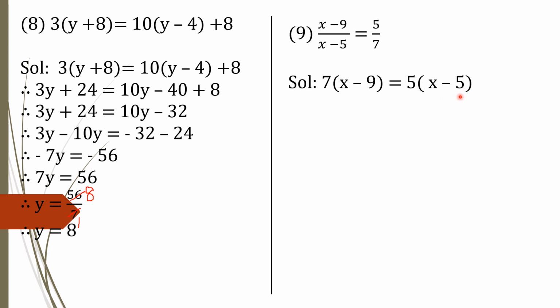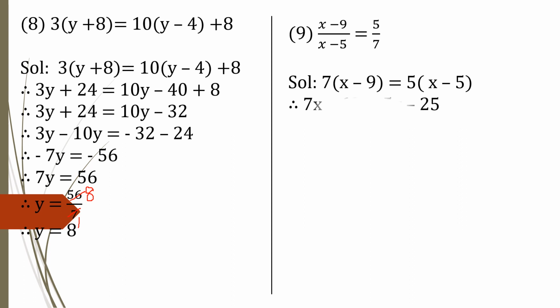Okay. Now students, we will open the brackets. So the 7 will multiply to both the terms over here on the left hand side, and on the right hand side 5 will multiply to both the terms. Okay.